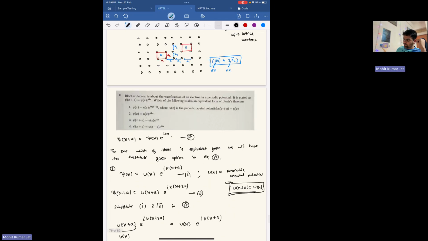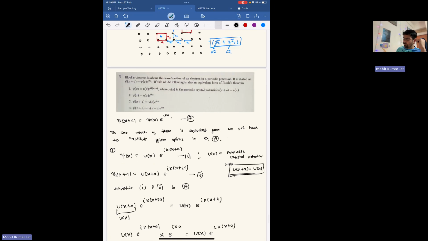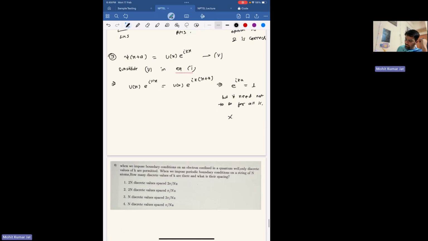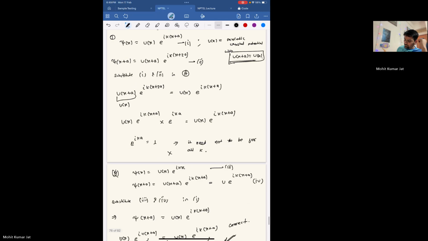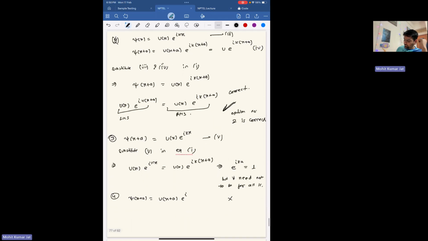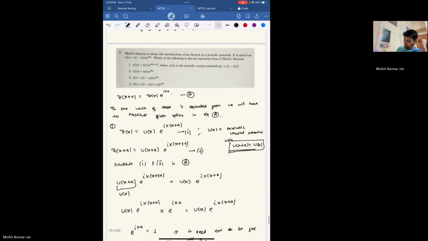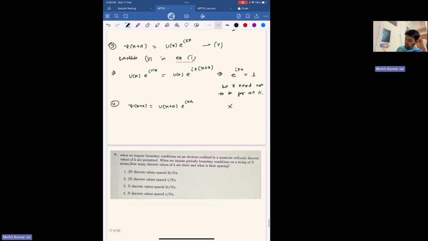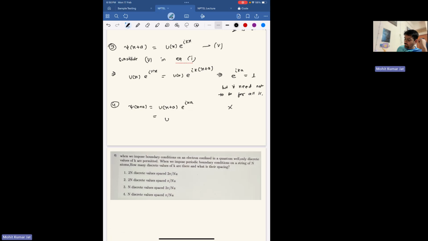Let's check out option number 4. Psi of x plus a is equal to u of x plus a e to the power i k a. So if you look at the number 4 term, psi of x plus a is equal to u of x plus a e to the power i k a. So this can be written as u of x e to the power i k a. This is my equation number 6.